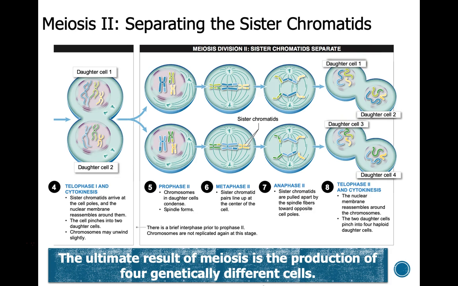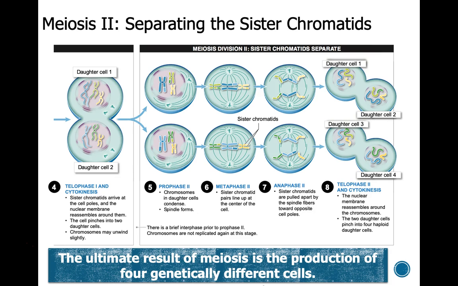So then we move on to meiosis 2. Now, this is another round of meiosis. At the end of meiosis 1, after telophase and cytokinesis, the cell enters a brief interphase, just sort of does a check to make sure everything's ready to go. The only difference here is that it does not replicate the chromosomes again.